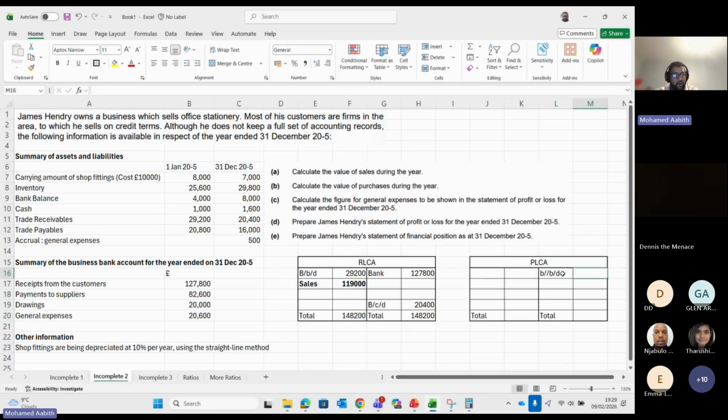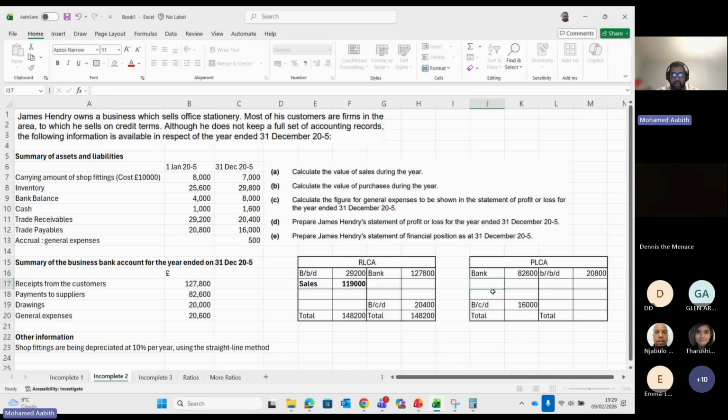How much is the balance brought down at the beginning of the year? 20,800 pounds. And the balance carried down is going to be 16,000 pounds. Also, what I know is the bank figure from PLCA, how much we paid to our suppliers, 82,600 pounds. So let's work out the number here.